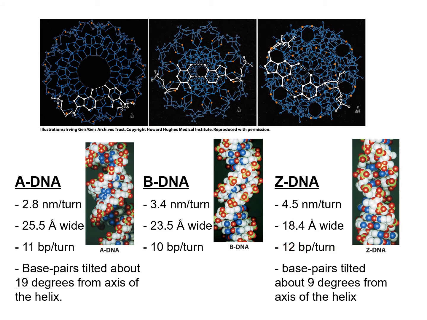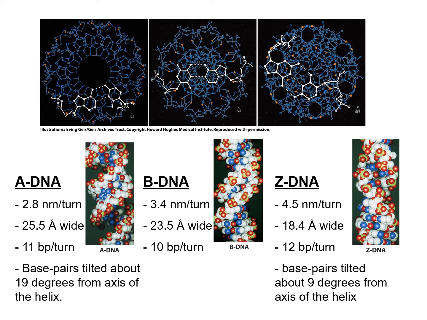And when you look at these structures in the projection, where you see the top of the double helix, the B-DNA locates all the base pairs right in the middle of this double helix. So they basically don't have any big openings in this double-stranded structure. But the A-DNA now has the base pairs tilted about 19 degrees from the axis of the helix.